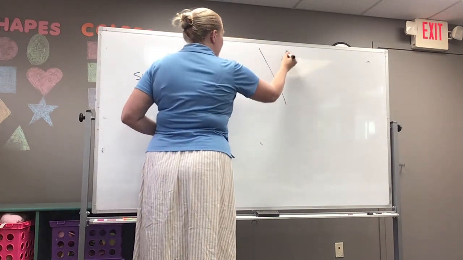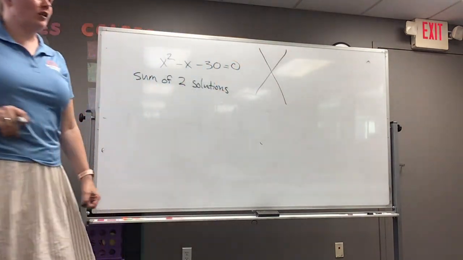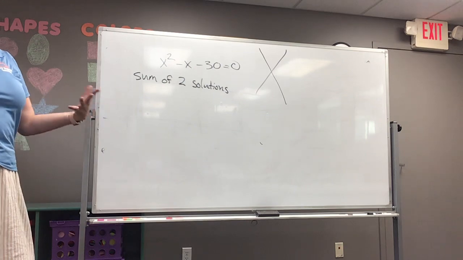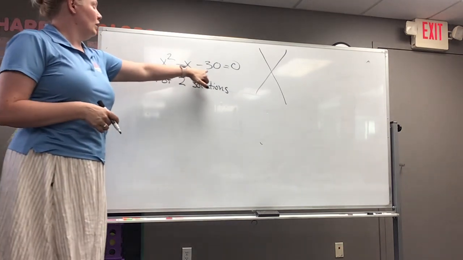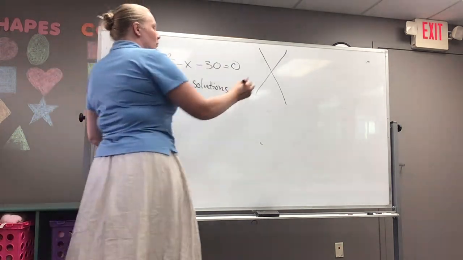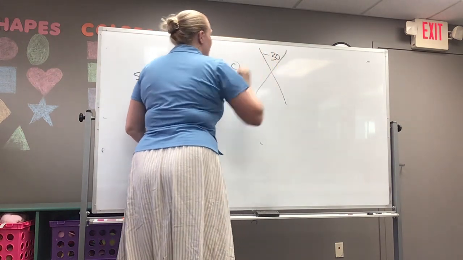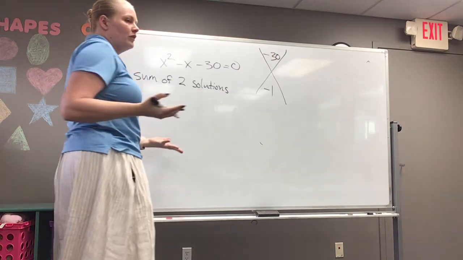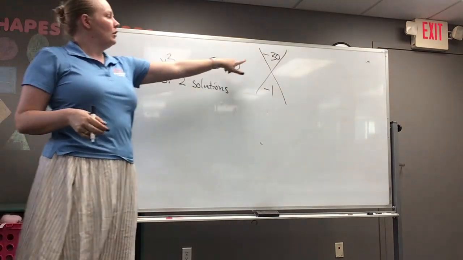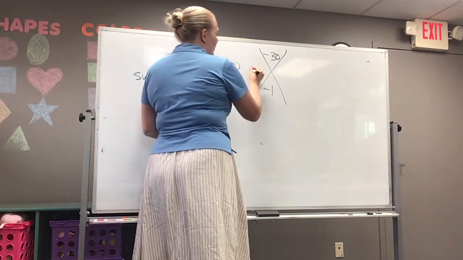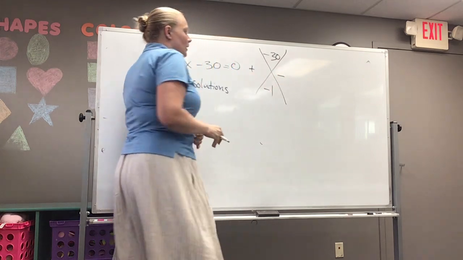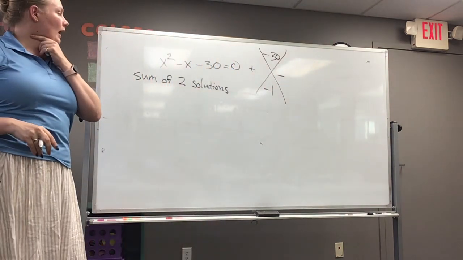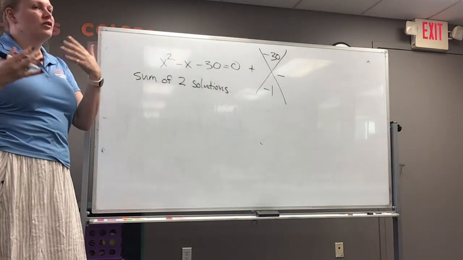The X factor of organization is not required, but I like it because it helps keep my thoughts organized. We are looking for two numbers that multiply to -30, but they have to add up to -1 or have a difference of 1. In order to multiply to -30, we're looking at a positive and a negative number. In other words, they're 1 apart.